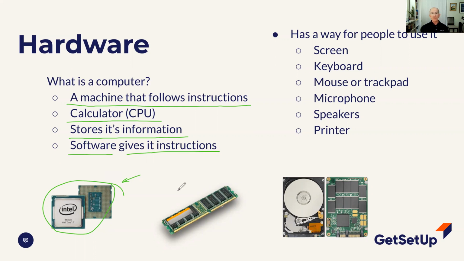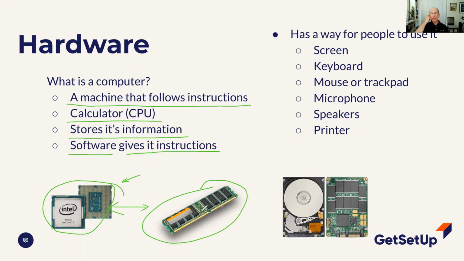You've got two types of memory. One type of memory is called RAM, and it stores information when the computer is powered on, so that the processor can move information from RAM, calculate, move it back to RAM, calculate, move it back to RAM.